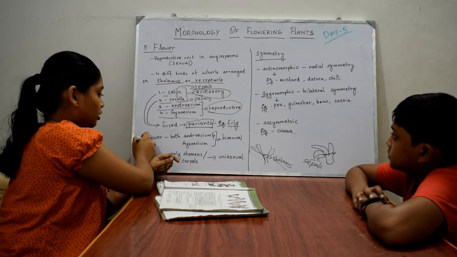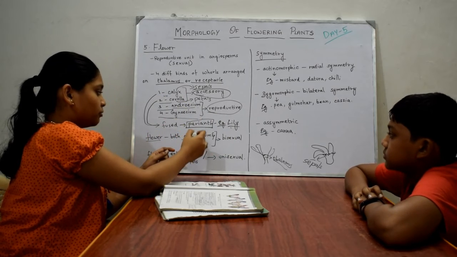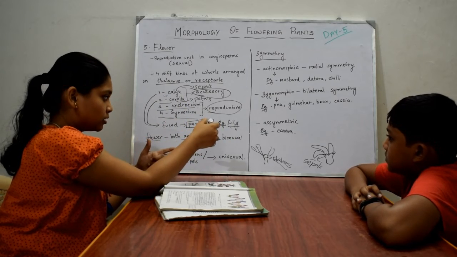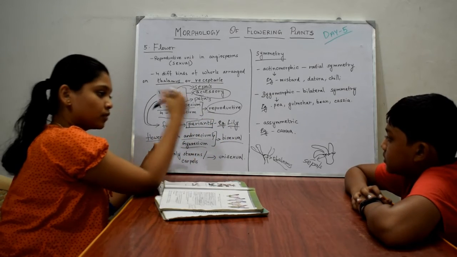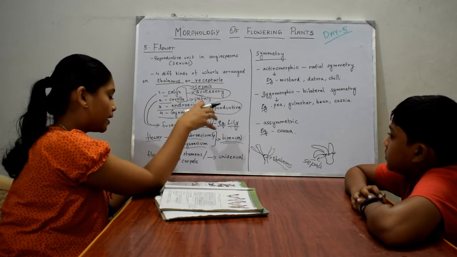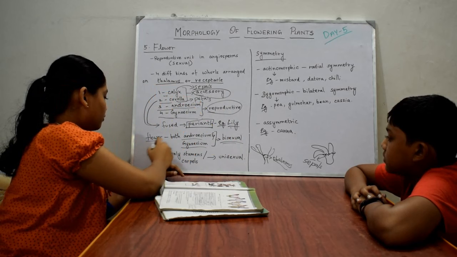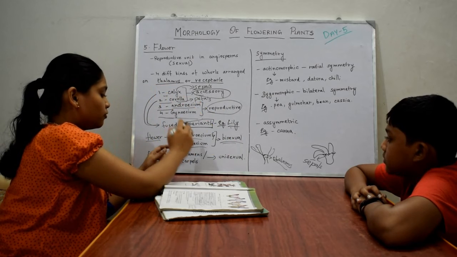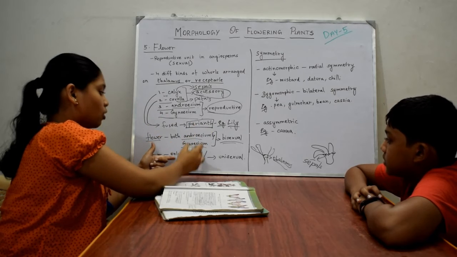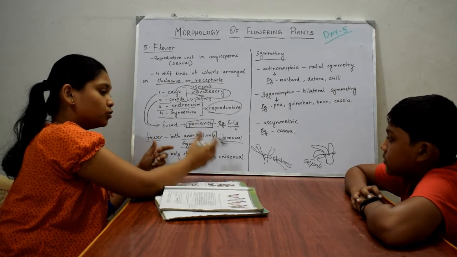And in a flower, if both androecium and gynoecium are present, both male and female parts, it is known as bisexual, because 2 sexes are involved. If only androecium or only gynoecium, only stamens or only carpels are present, it is unisexual.